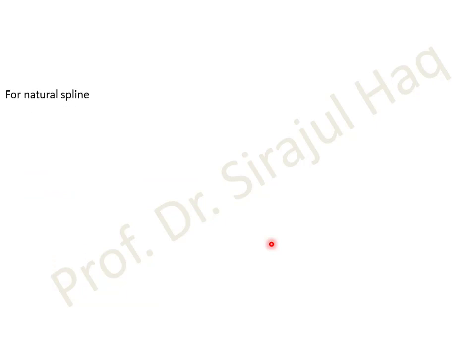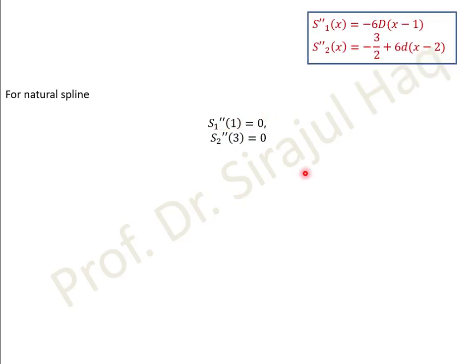Since the splines are natural, these are the conditions. 3 was the endpoint. Second spline at 3 is equal to 0. First spline at 1 is equal to 0. What is the second order derivative? If you replace x by 1, this condition is automatically satisfied. So it can't help me in the computation of small d.